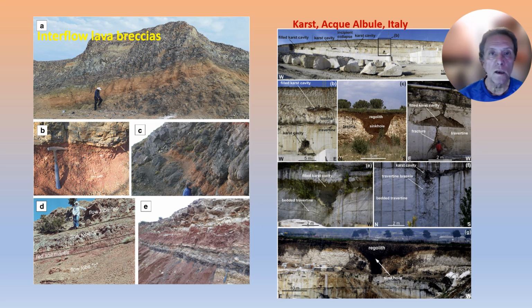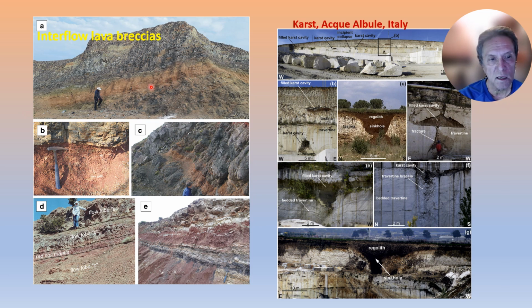Some other variable conditions, this generalized picture that I'm showing you here, in volcanic areas or areas with volcanic lava flows, often in between individual flows you have what's called an interflow lava breccia, which is sort of a crush zone. So you have one flow down here, which is older than the one above, but the one above runs over the top of it, and as it does so, it's heating up this zone.